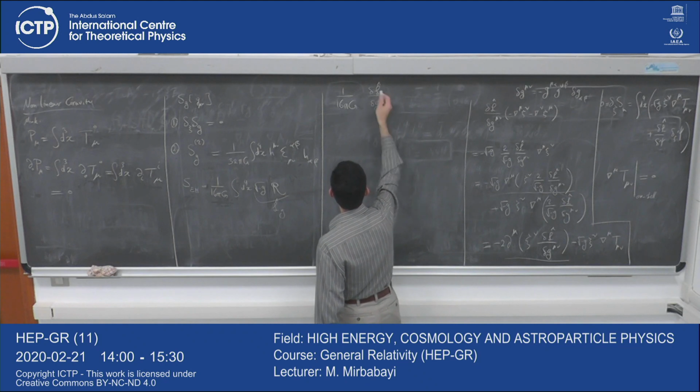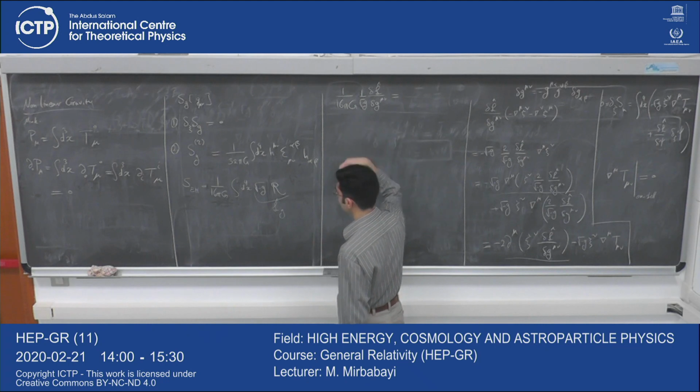Now, if we do this variation, let me also divide by the square root of g. This we will show later.